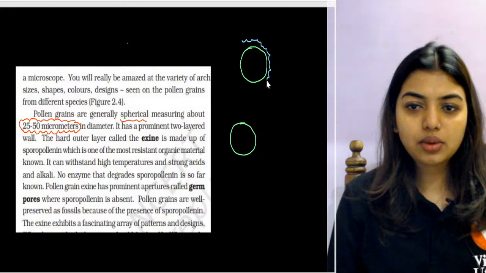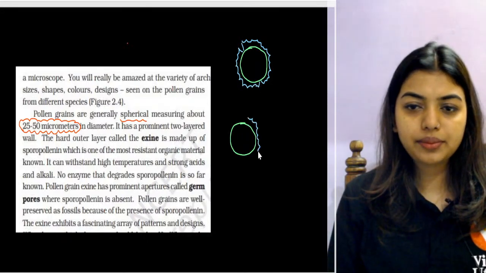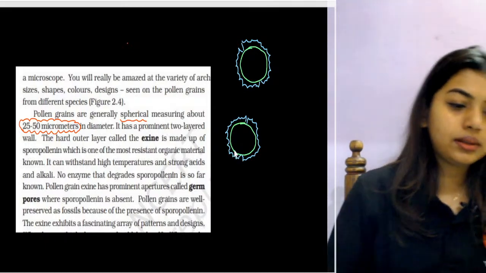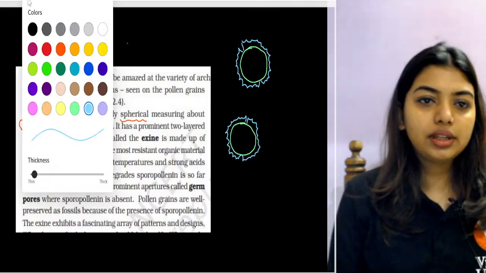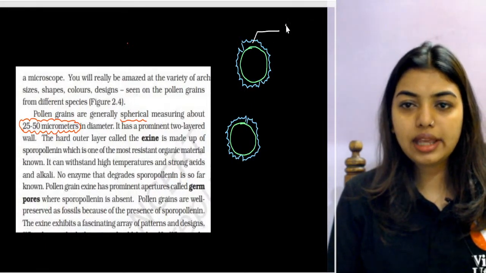So this is the outer layer, exine. Okay, same thing goes here. So here, this layer which I've drawn here is called the exine layer.